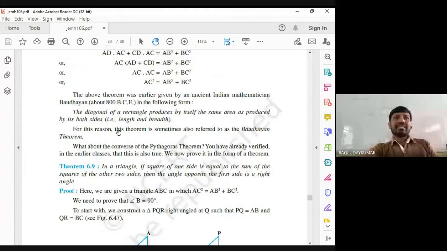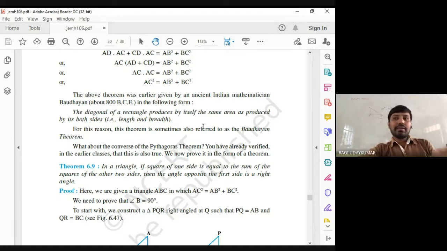So the statement is: the diagonal of a rectangle produces by itself the same area as produced by its both sides. Most students will get confused by this statement. The diagonal of a rectangle produces by itself the same area.